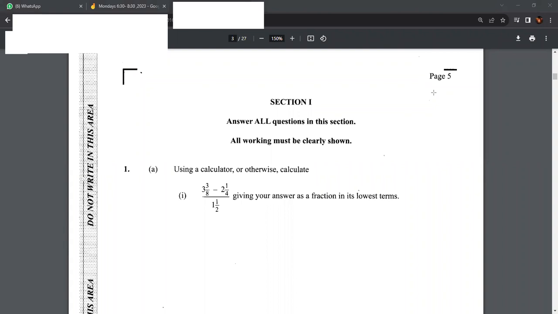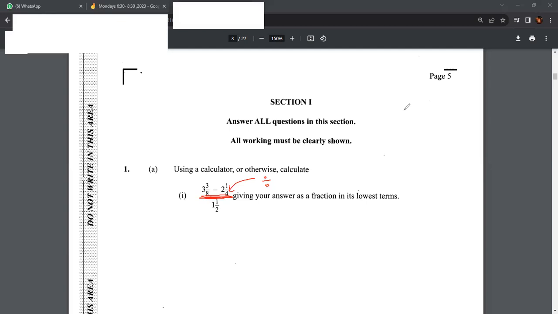All right, so let's take a look at this one. In a case like this, they gave us 3 3/8 minus 2 1/4 all over... Now this symbol, this line here, you have to remember that it also means to divide, okay?